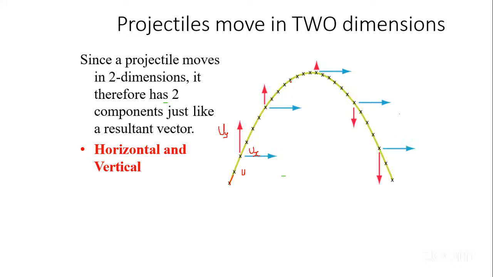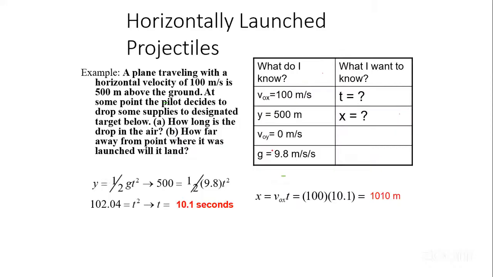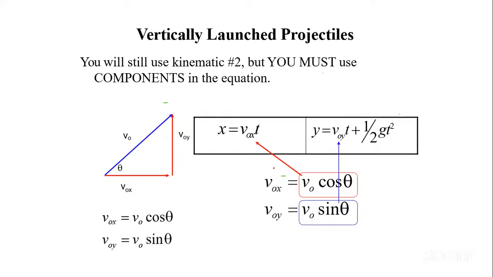So at every point, as the object is moving in that projectile motion, it is going to have both horizontal and vertical component initial velocity. The initial velocity of the horizontal component is given as this, while the vertical component is given as this.